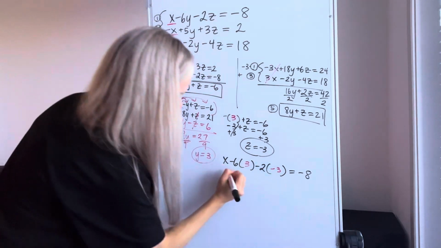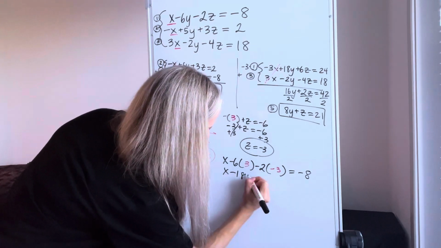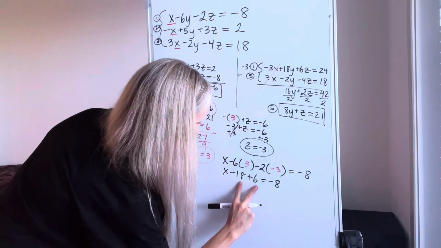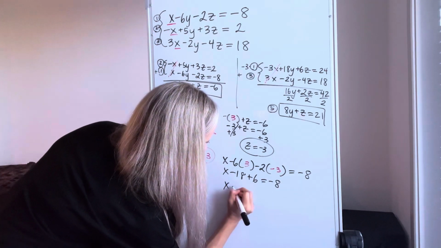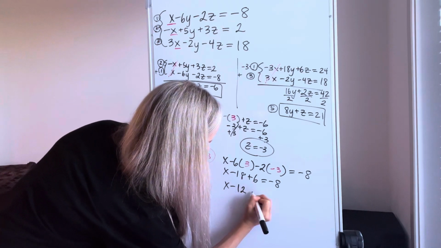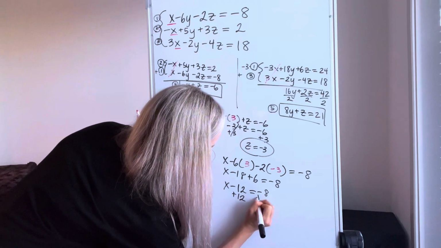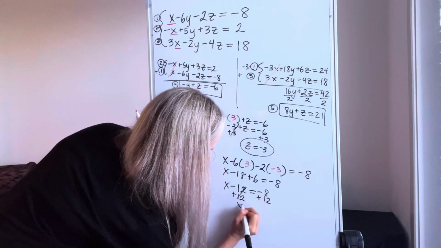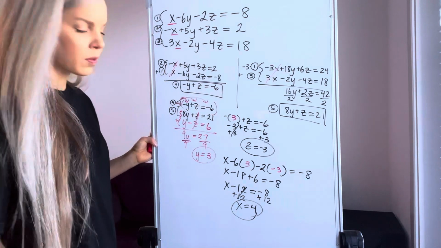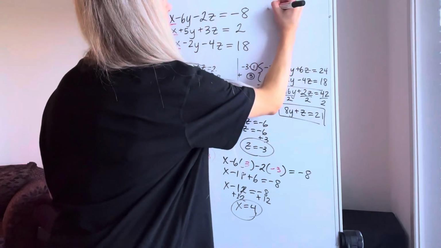This simplifies to x minus 18 plus 6 equals negative 8. Combine these like terms. I have x minus 12 equals negative 8. Add your 12 to both sides. x equals positive 4.